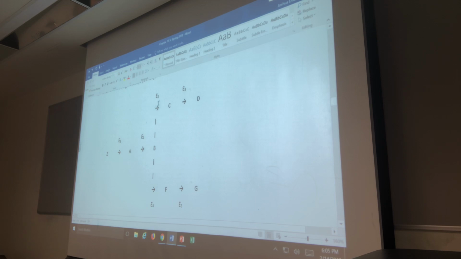Half of the time it'll go up to enzyme 2 and go down the top pathway here. The other half of the time it'll go down to enzyme 4 and go down the bottom pathway here. So this is the metabolic pathway illustrated for this question.